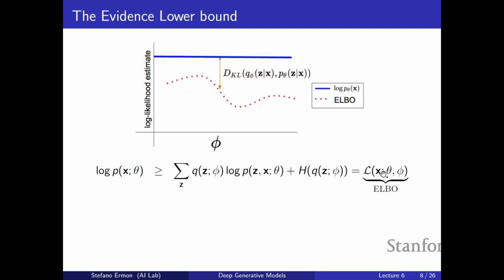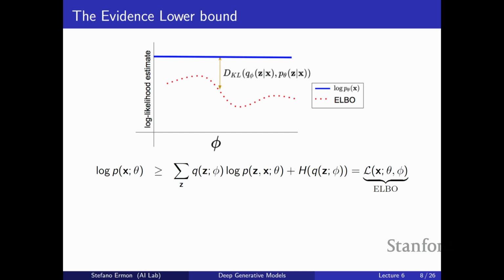And if you have a family of distributions Q parameterized by phi, as you change phi, you get lower bounds that could be tighter or looser, depending on this KL divergence value, how close your distribution Q is to the true posterior.